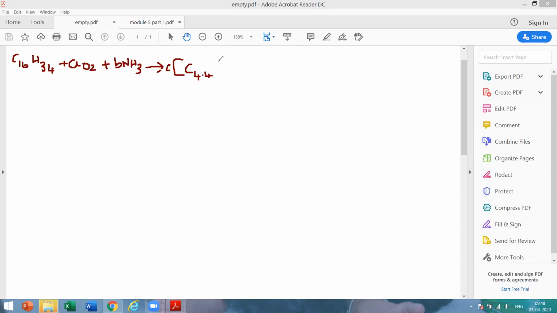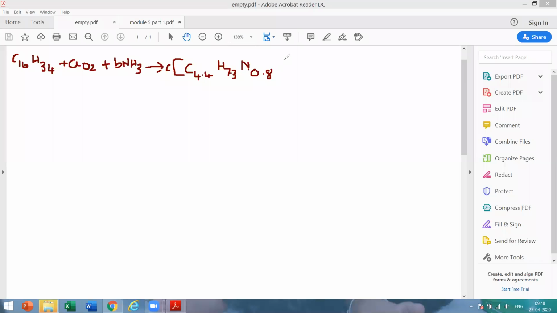Otherwise, we have to start from the carbon balance, nitrogen balance, hydrogen balance, like that. With each balance you get one equation, and after that you have to solve the equations and find the stoichiometric coefficients, like the equation method.